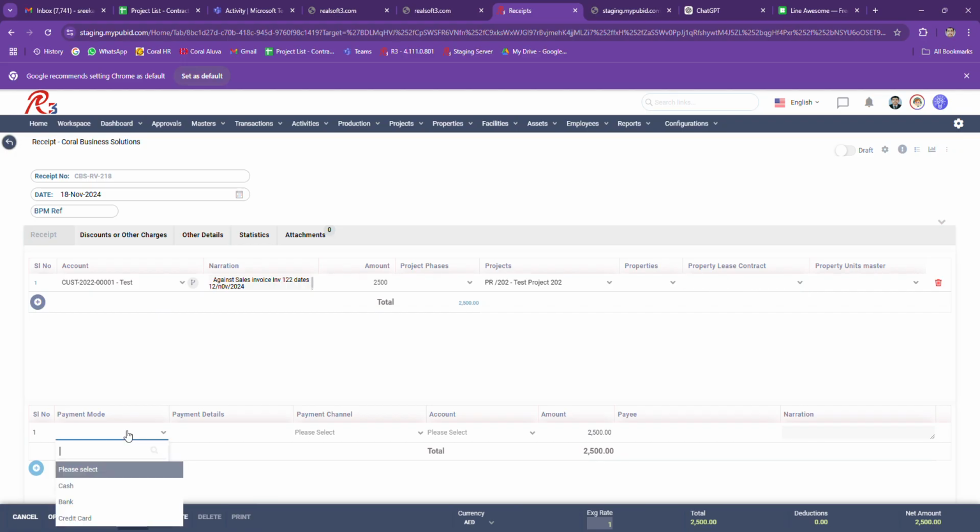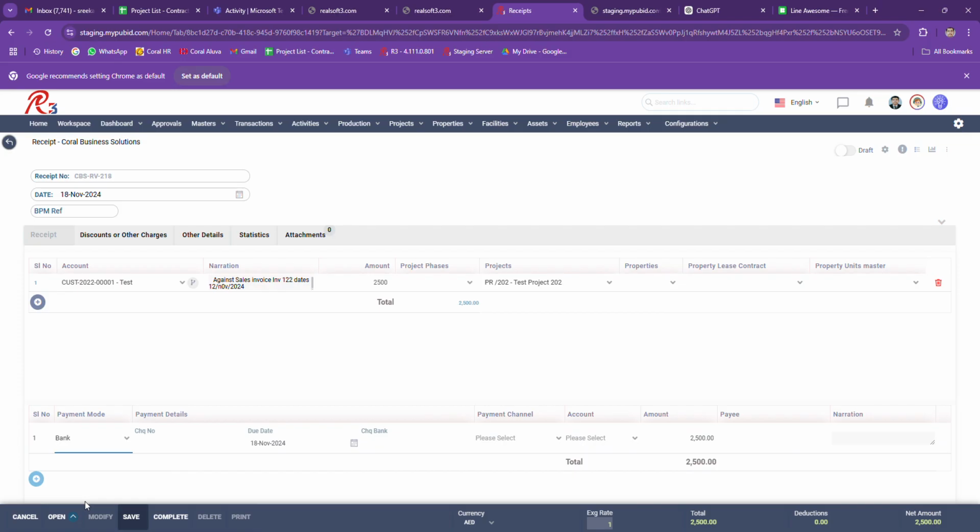Normally cash will be the happiest thing because they are getting fresh cash, but with bank and credit card, they have to realize it, and the credit card also takes 2-3 days to realize. So normally everybody is happy if they receive cash. So this bank is our main focus today.